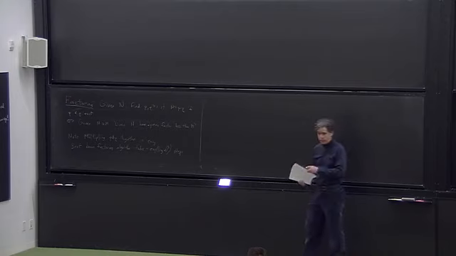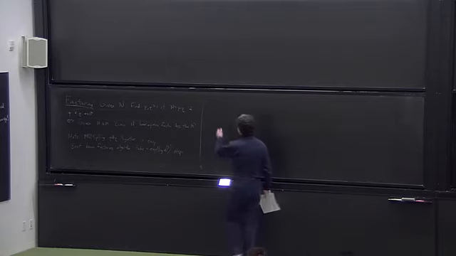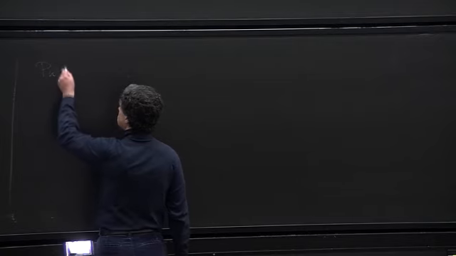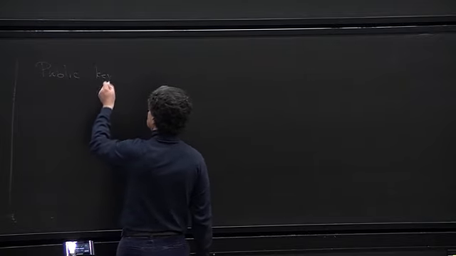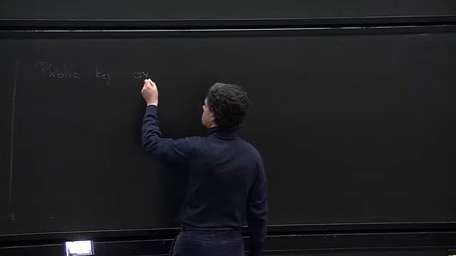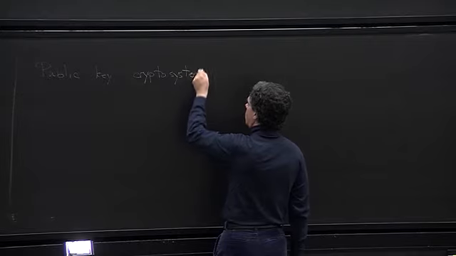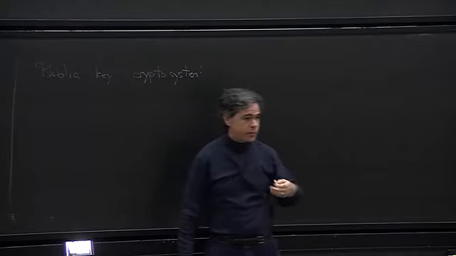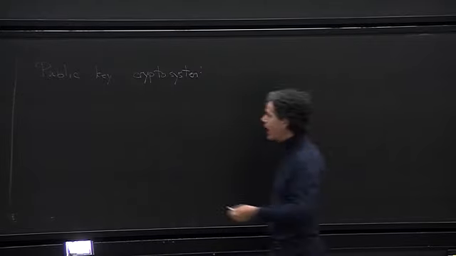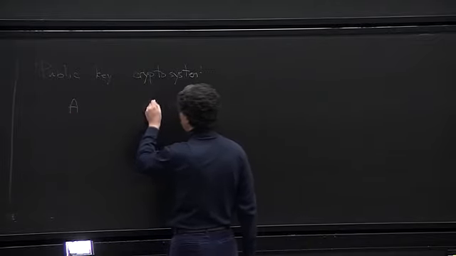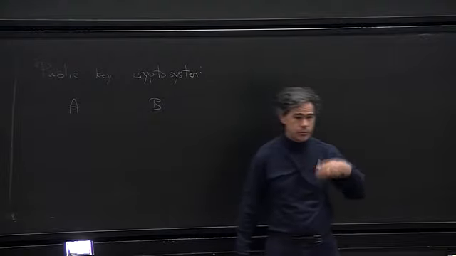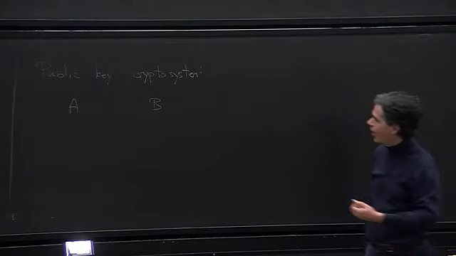Okay, so what's a public key crypto system and what's RSA? The general setup is we want to send an encrypted message. So we have Alice and Bob, who actually originally were cryptographers before they got into quantum information.